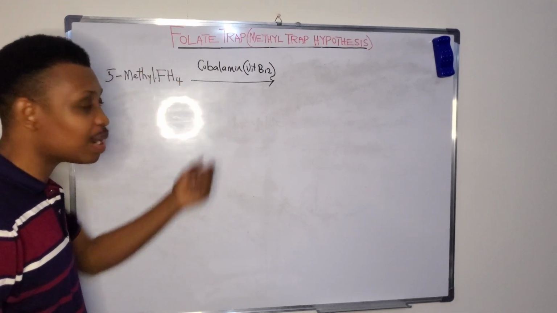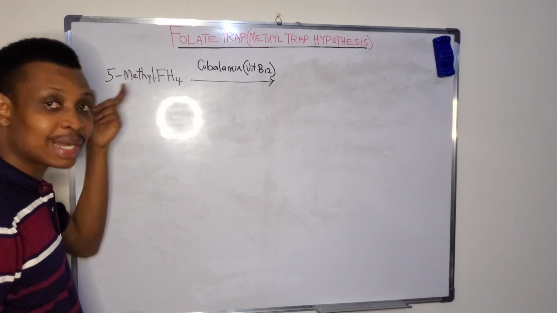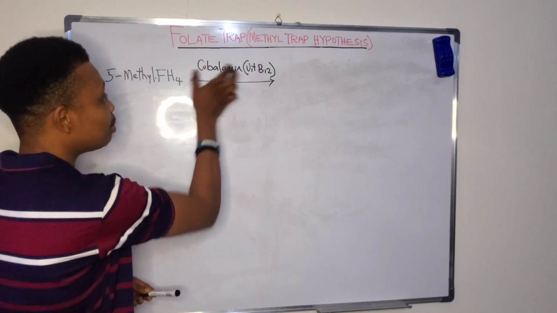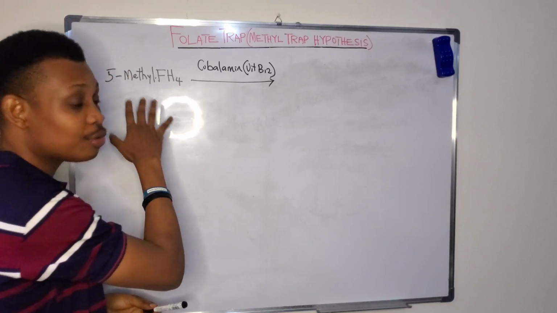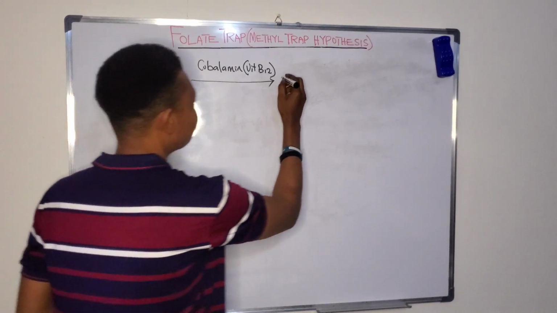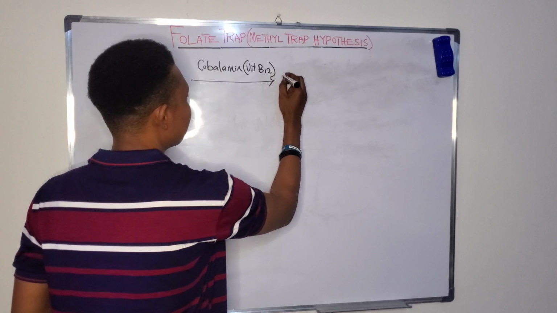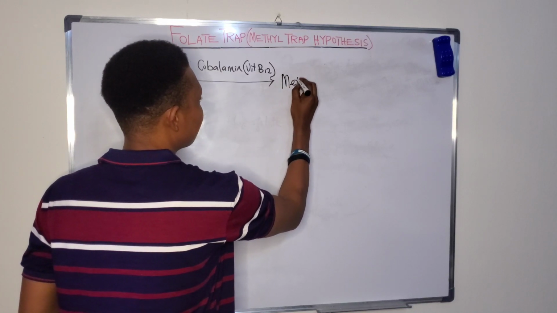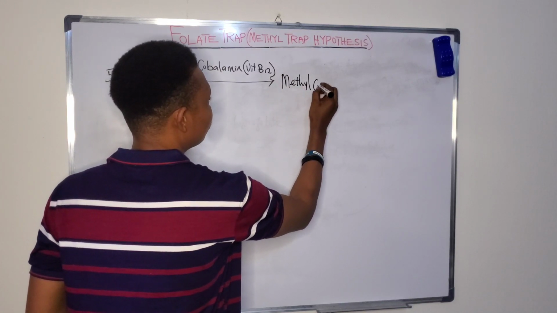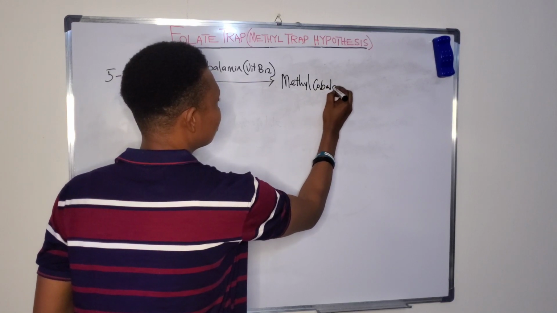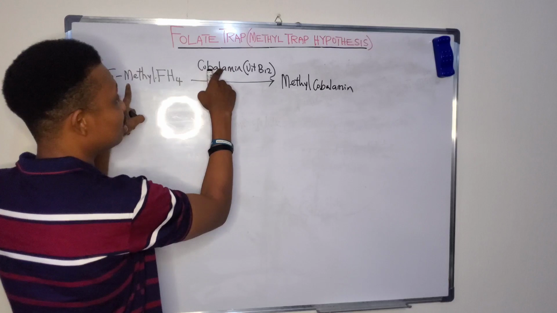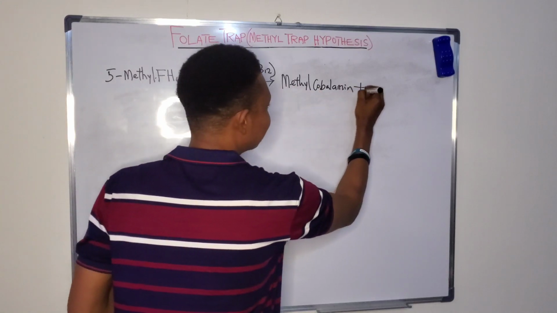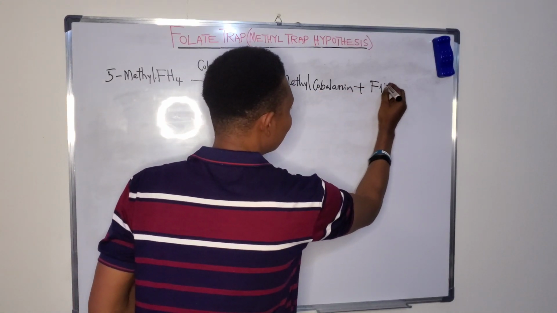So in the absence of cobalamin, this dissociation cannot occur. So in the presence of cobalamin, 5-methyl tetrahydrofolate will give rise to methylcobalamin and tetrahydrofolate.